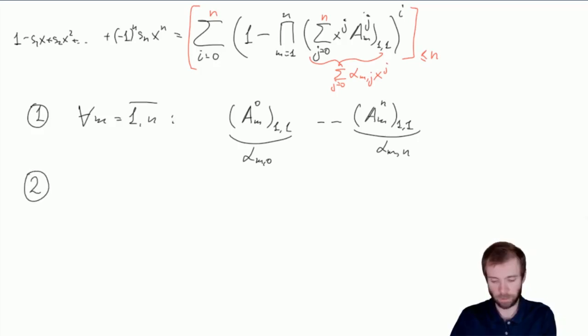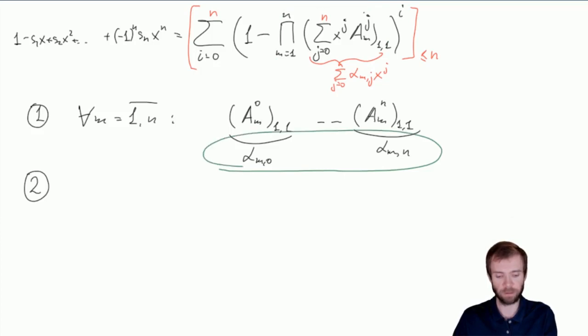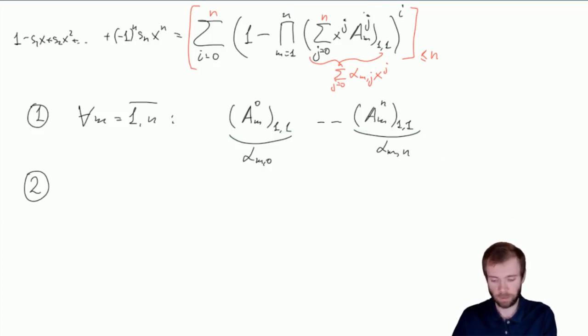Now we come to step number 2. We need to compute this product, the product of the polynomials for which we have all the coefficients already computed at the previous step. So we compute these products for m from 1 through n of some polynomials of degree at most n. And to do this, we can employ the standard tree-like scheme, a binary tree of multiplications.